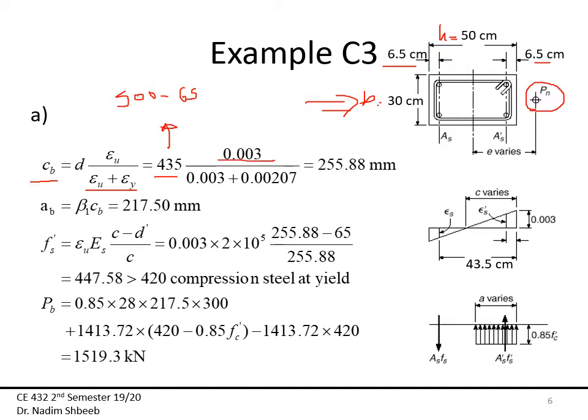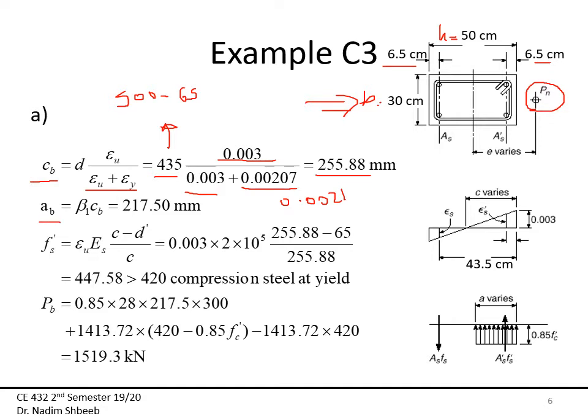Epsilon ultimate is going to be 0.003, my crushing strain, and this is also going to be 0.003. Here, for some reason, I used 0.002. You could, like I said before, either use this one or use 0.0021. So from that I found my CB to be 255.8 millimeters.